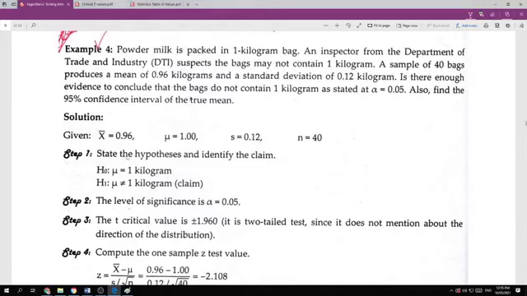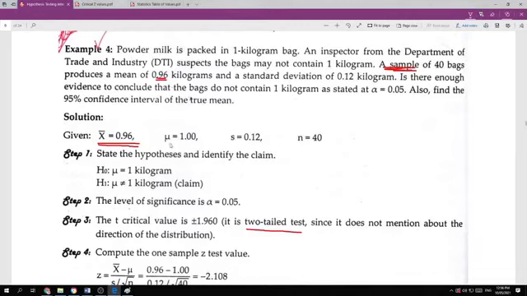Let's identify. Is this a two-tailed or a one-tailed test? Two-tailed. Okay, our problem has no less than, no more than. It's two-tailed. Okay, take note of that. Now, 0.96 kilograms is what? It's the sample mean.